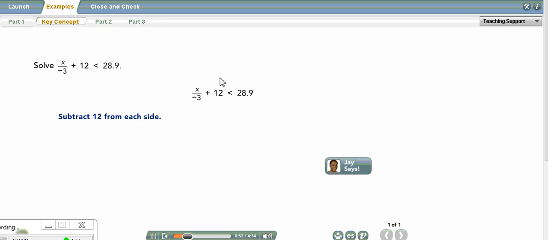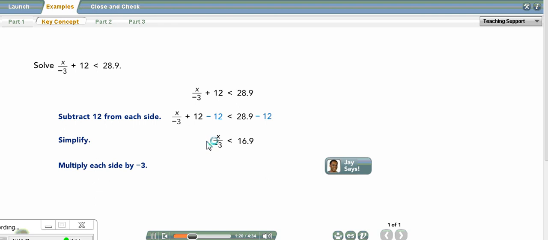So we're going to subtract 12 from both sides. So let's watch this. Subtracting 12 from both sides, when we do that, we will get x over negative 3 plus 0 is less than 28.9 minus 12, or 16.9.